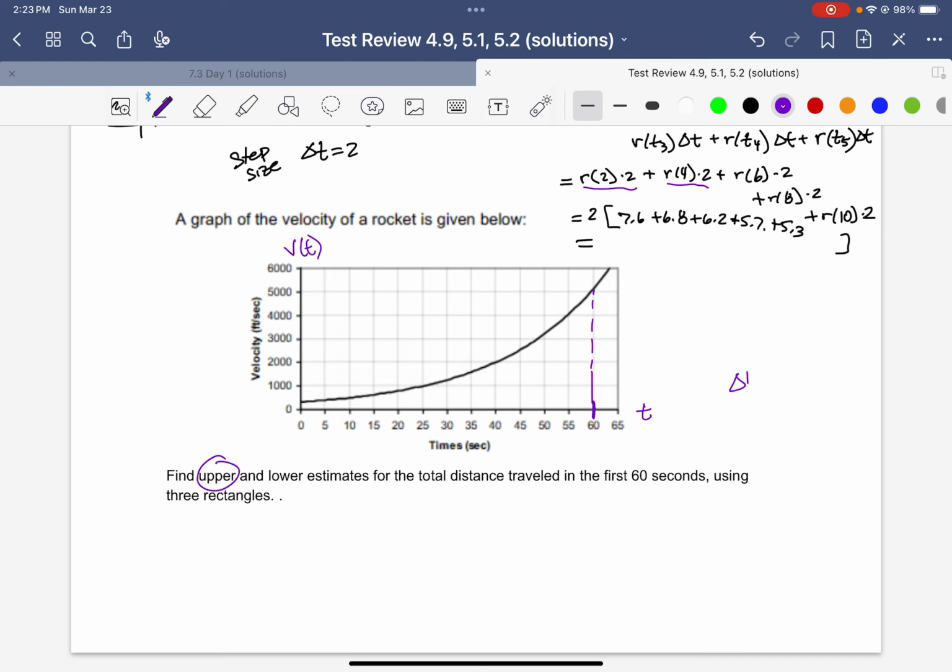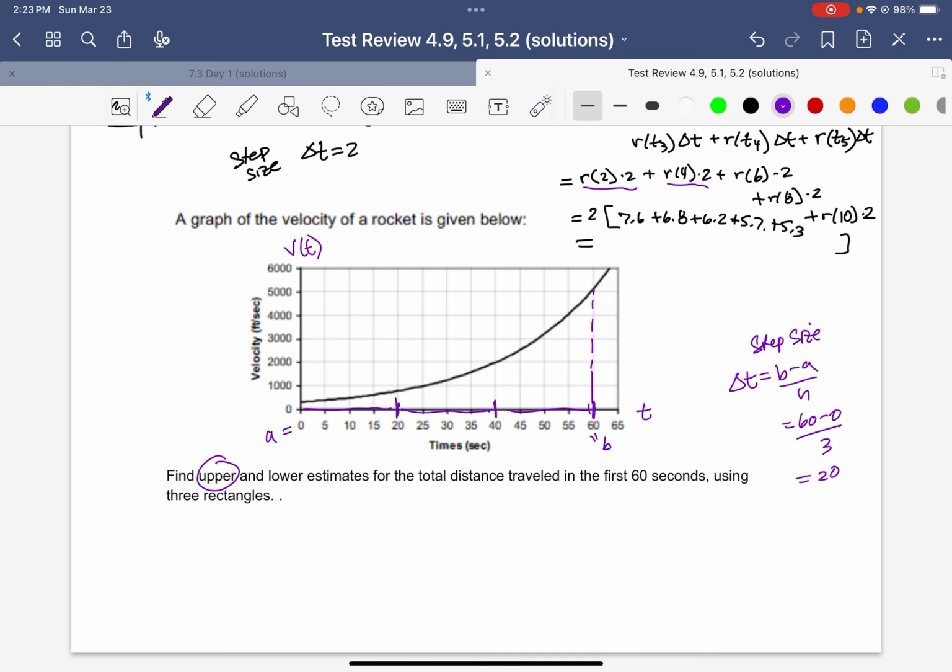So my delta t is equal to b minus a over n. Well, 60 is my b, and a is 0. So 60 minus 0 over 3 means I'm going to take a step size of 20. Here's the first one, the second one, the third one, our 1, 2, 3 intervals.